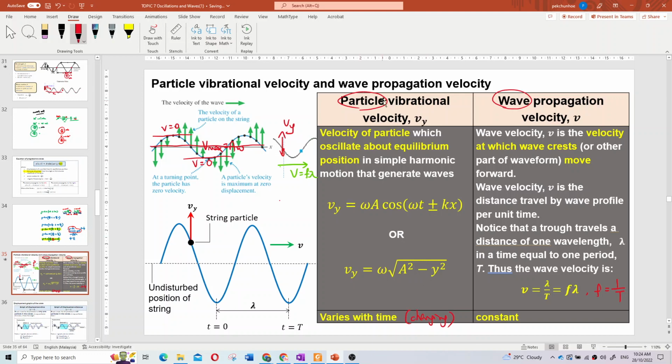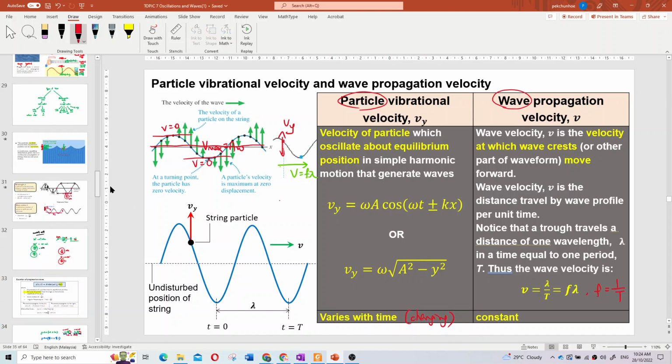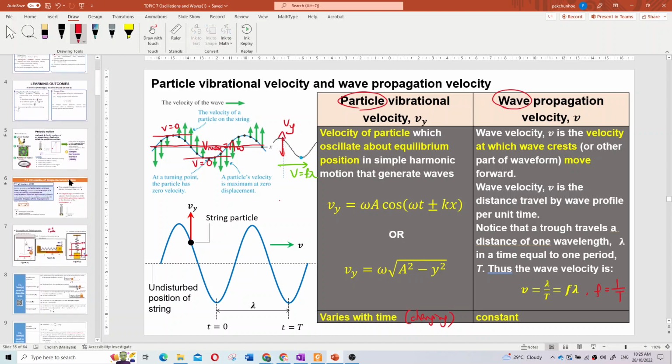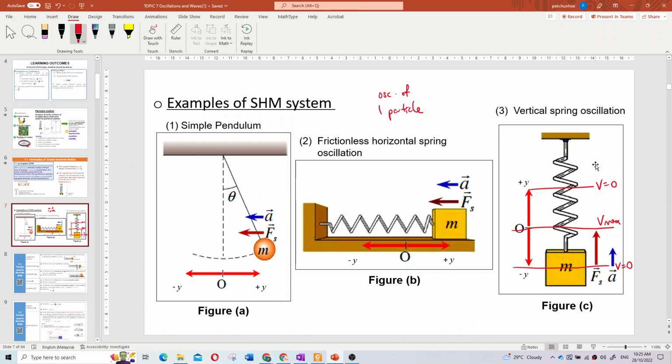That is why the particle vibration velocity varies with time. It is the same as the oscillation of a simple pendulum: velocity is maximum at equilibrium, but zero at the amplitude.